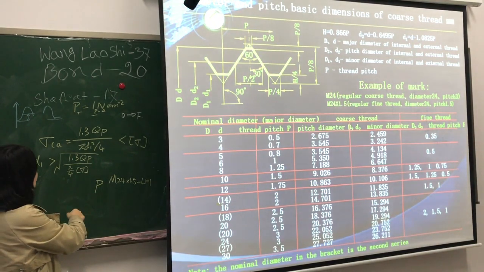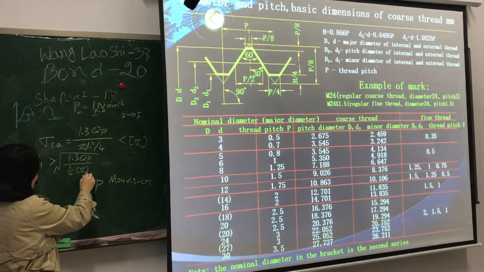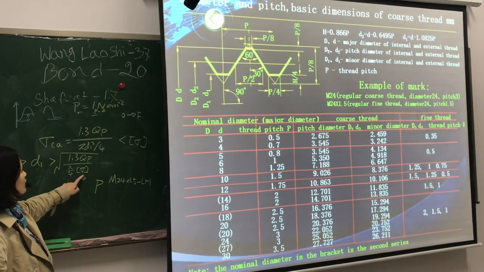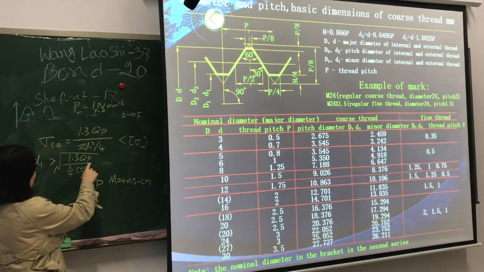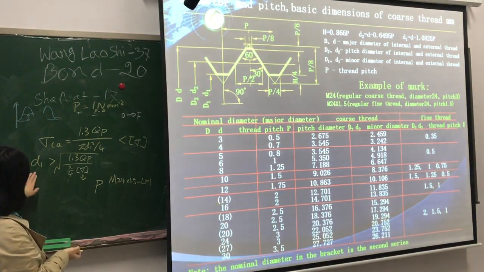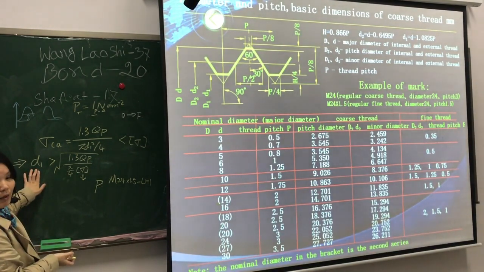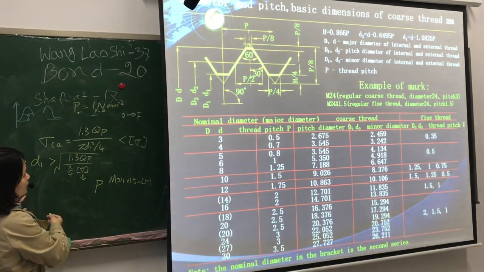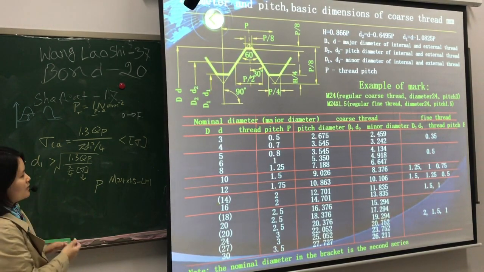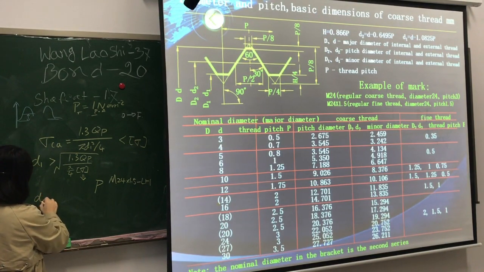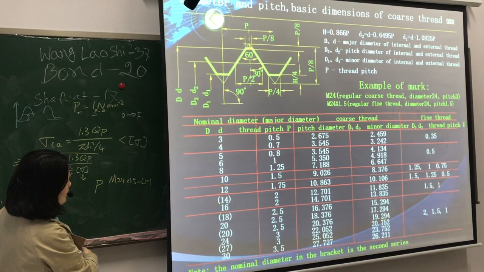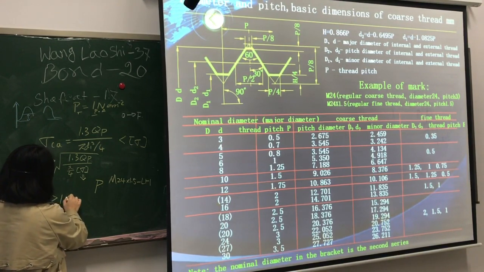Okay, and this allowable stress is determined, and the preload is determined. So we calculate the D1. Under this condition, D1 should be less than 10.